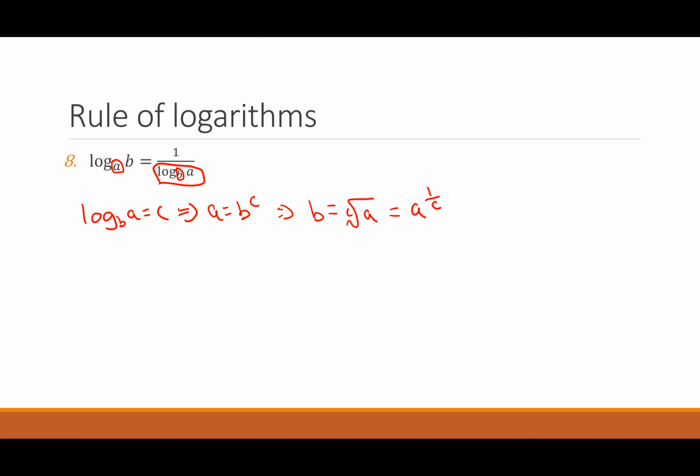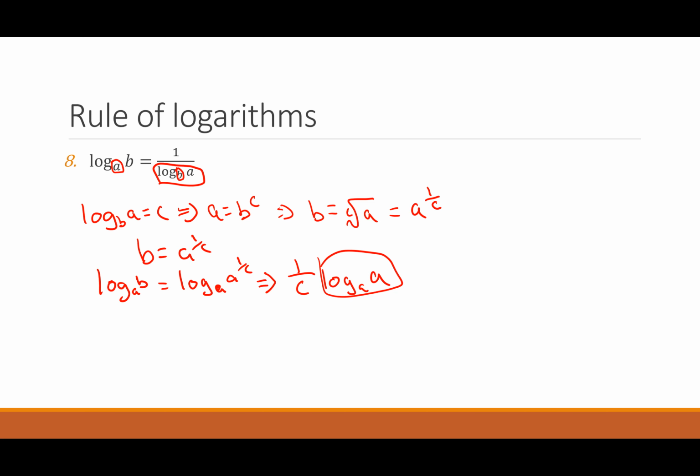Right, so now that we've got that, let's just rewrite this: b equals a to the 1 over c. So the log of b with the base a equals the log with the base a of a to the 1 over c, right? And this we can use rule 3 again to say 1 over c times log a with the base a, and we'll note that that equals 1.